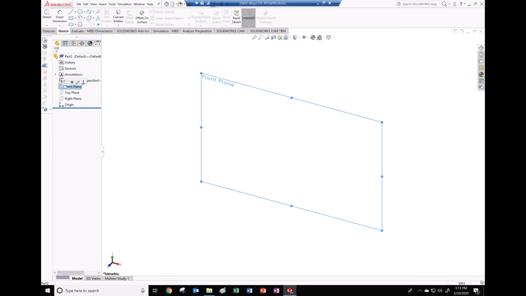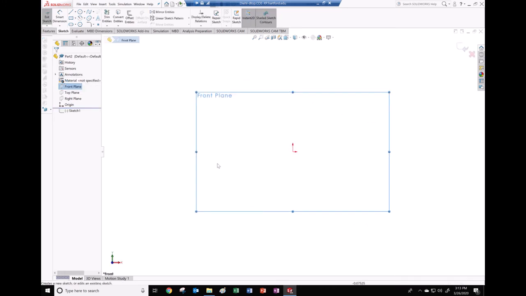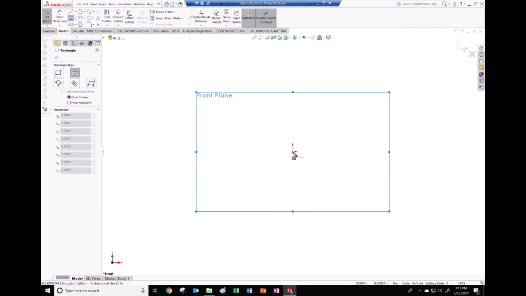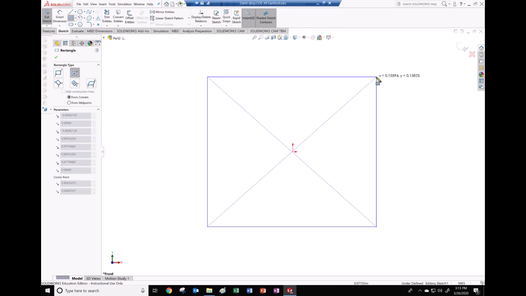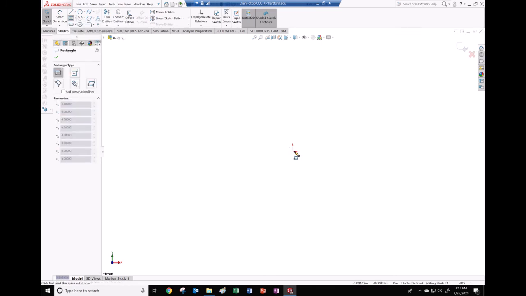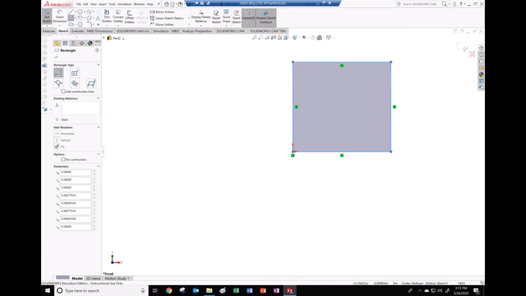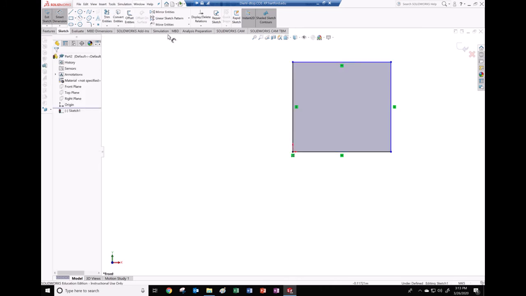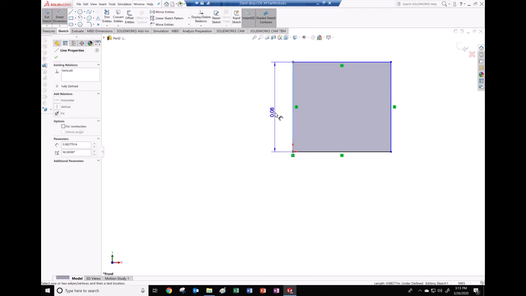I'll go to my front plane and draw this thing in. Oh, no, I don't want that. I want to draw from a corner. So I'll draw from a corner up, and I will make each side of this 1 meter. There's a lag going on here between me clicking and working.